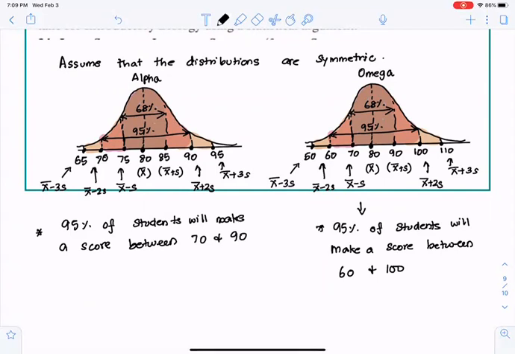So let's just say the percent above 90 here, and the percent above 90 over there.